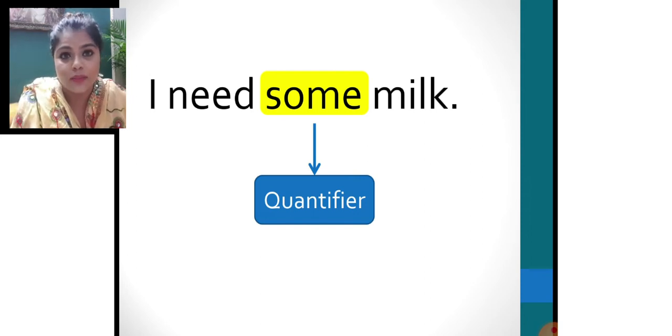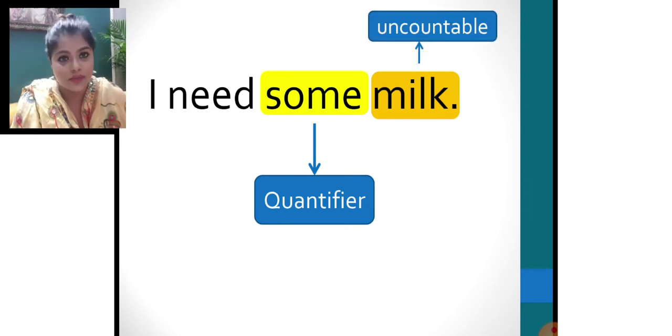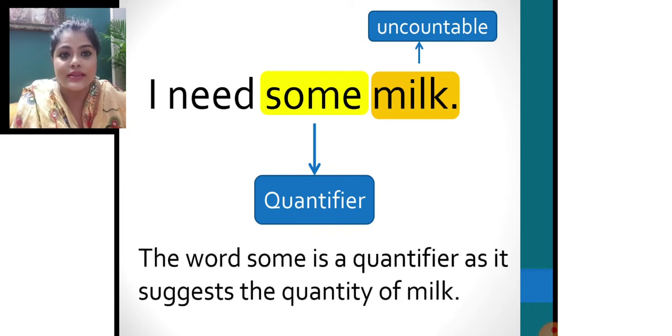What is the noun here? Milk. Very good. And milk is an uncountable noun. Very good. Now, the word some is a quantifier as it suggests the quantity of milk.